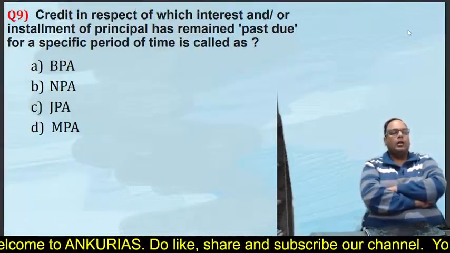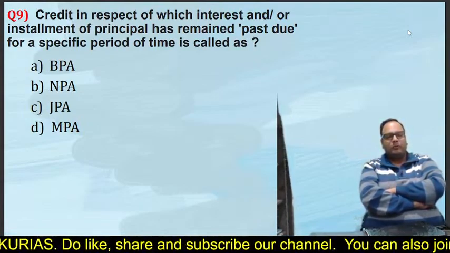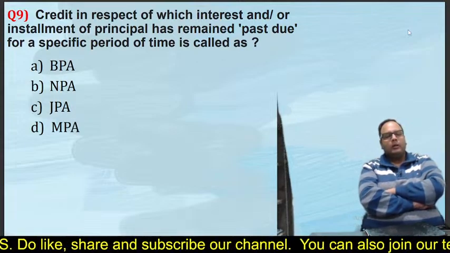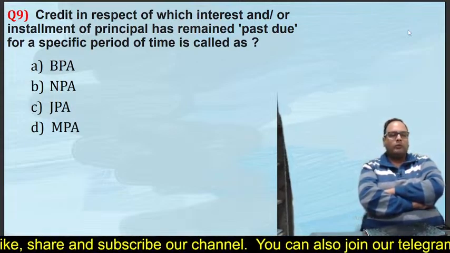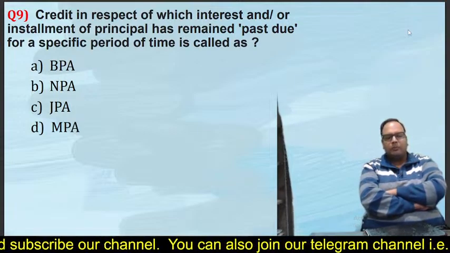Next, credit in respect of which interest or installment of principal has remained past due for a specific period of time is called as BPA, NPA, JPA, MPA.